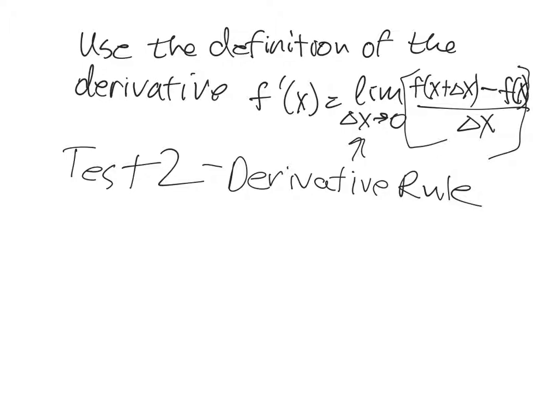Logarithms: the natural log, the derivative of the natural log of x is 1 over x. Now, sometimes life can be easier if you use the algebra, the log properties, to rewrite the logarithm before you take the derivative, but that's going to be a choice.